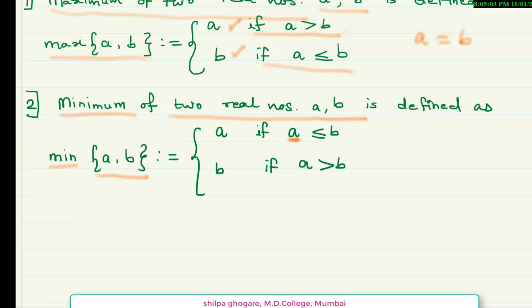So if A is smaller than B, the answer for minimum is A. And if B is smaller than A, which is also written as A greater than B, it means the same thing. So if A is greater than B, that is B is smaller than A, then the answer for minimum is B.